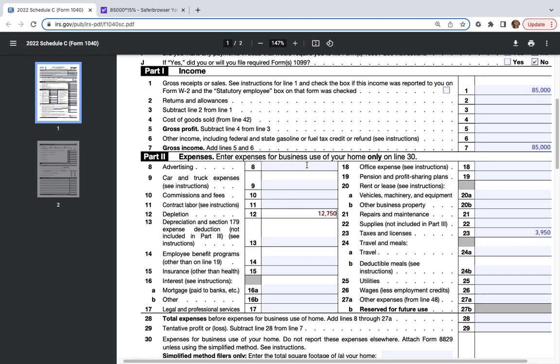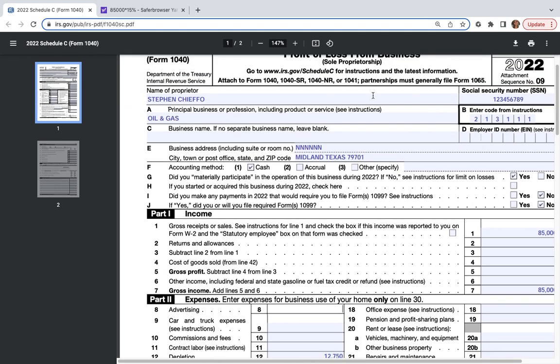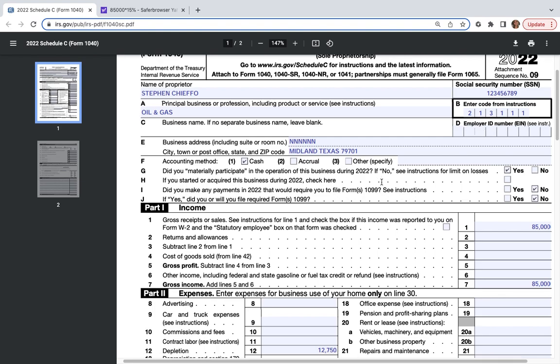Okay. Advertising was not noted, but if you ever do have your own business, you would have a Schedule C. You're gonna put your name, your social, the type of business that you have. Then you're gonna enter the NAICS code. If you're doing business under another name, you put it here. You enter the employer identification number.